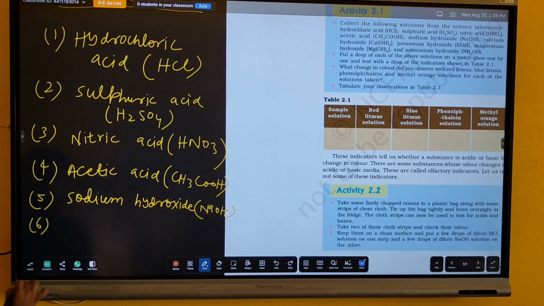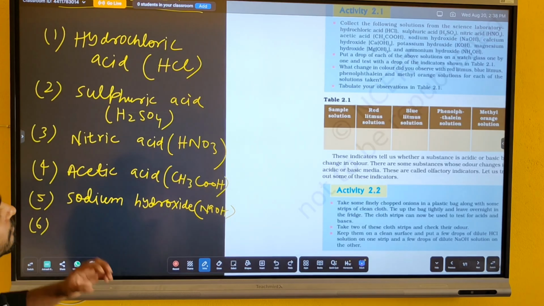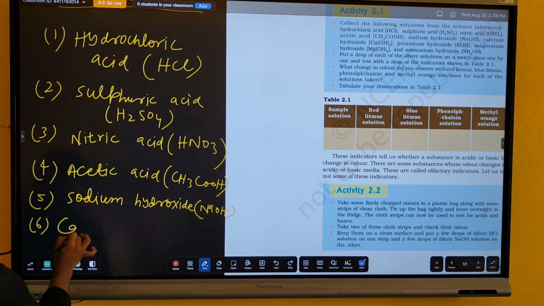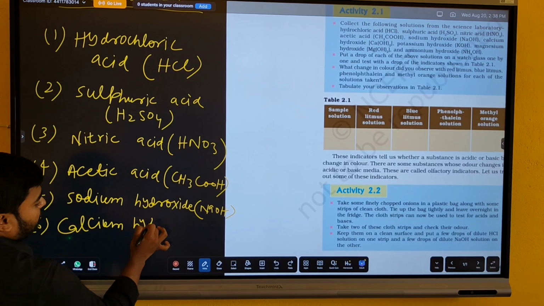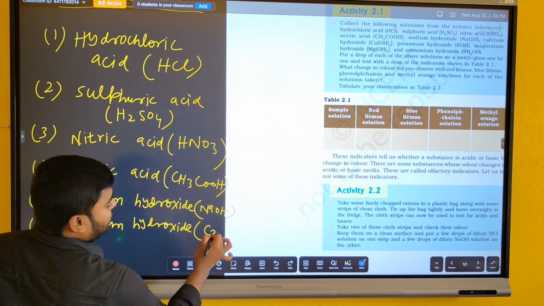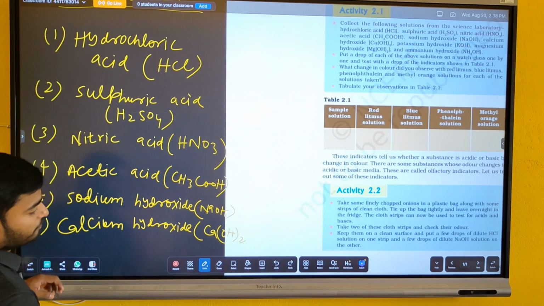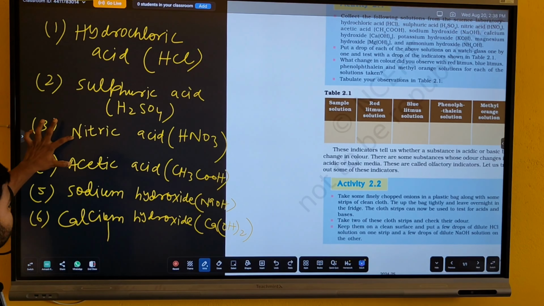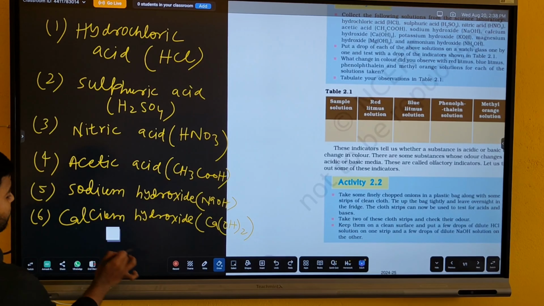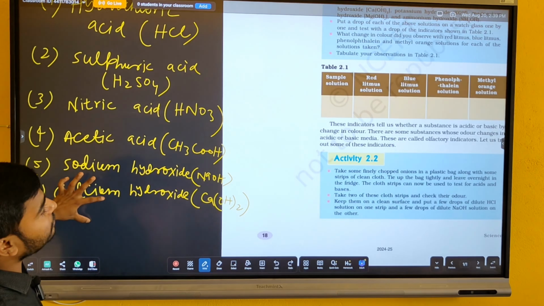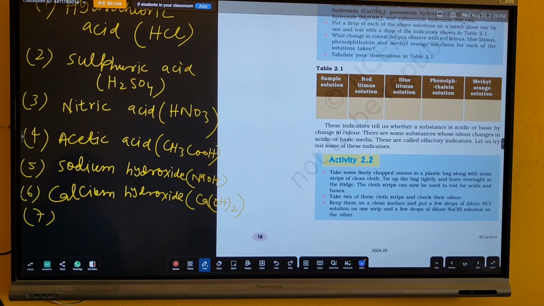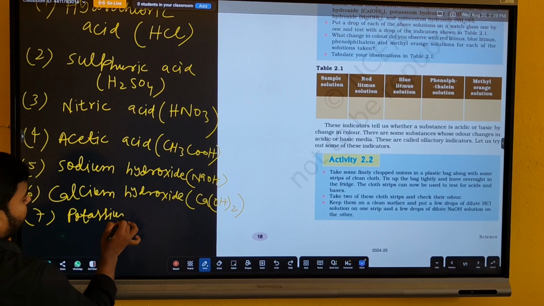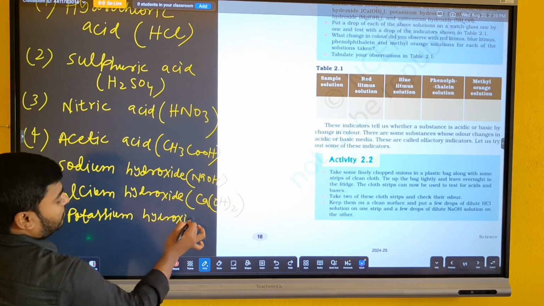Sixth, you have calcium hydroxide, Ca(OH)2. Next you have potassium hydroxide, KOH.